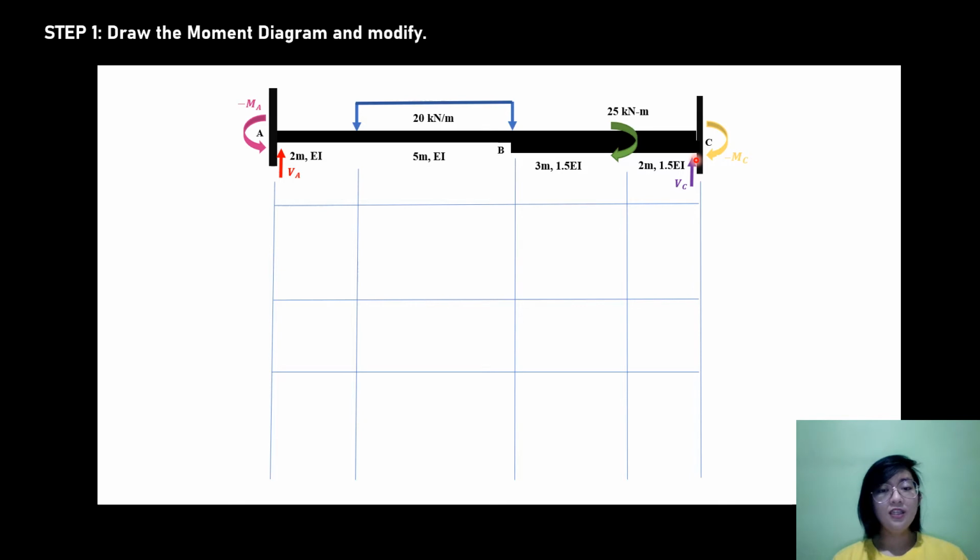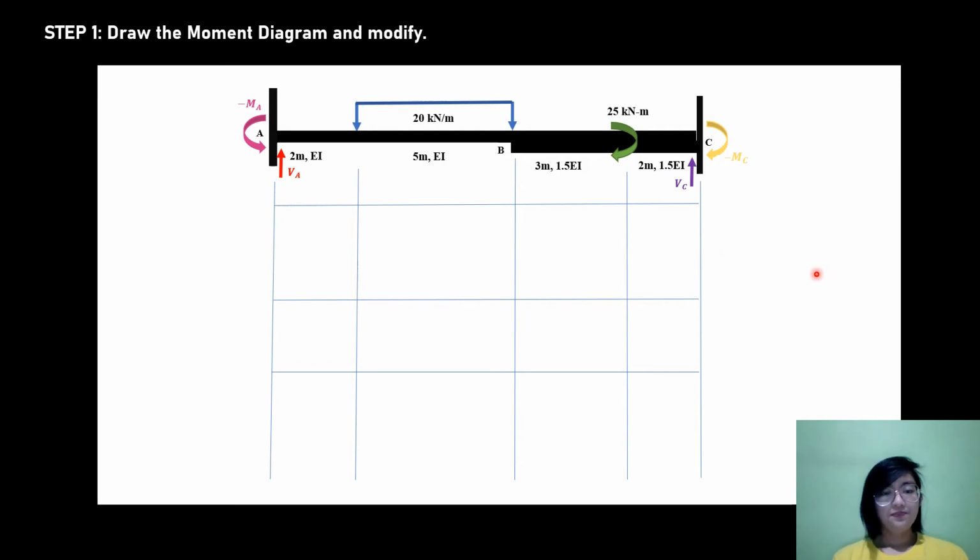So in this problem, ang gagamitin nating reference line is point B, kasi dito nagbago yung EI. It is advisable to make the point of abrupt change as a reference line. So here, we're going to use point B as a reference line.